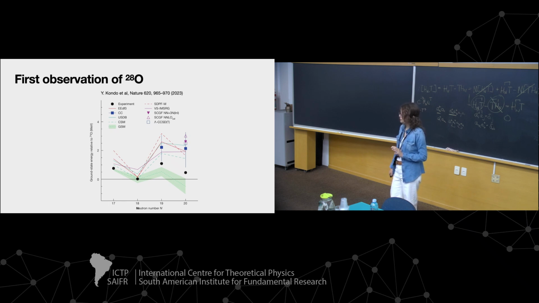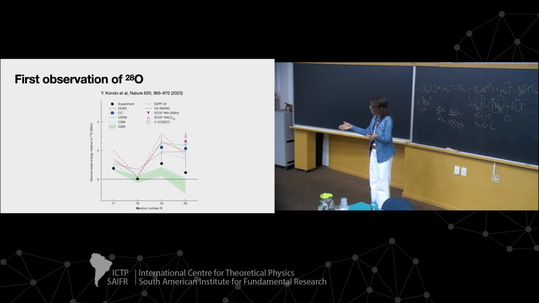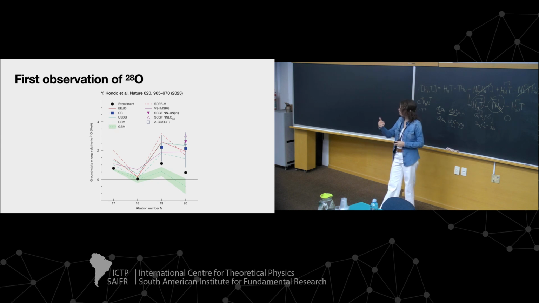No, I don't have states in the continuum. But I can still get the separation energy. I can still get the excitation energy of oxygen-28 with respect to oxygen-24, but I don't have the actual width.